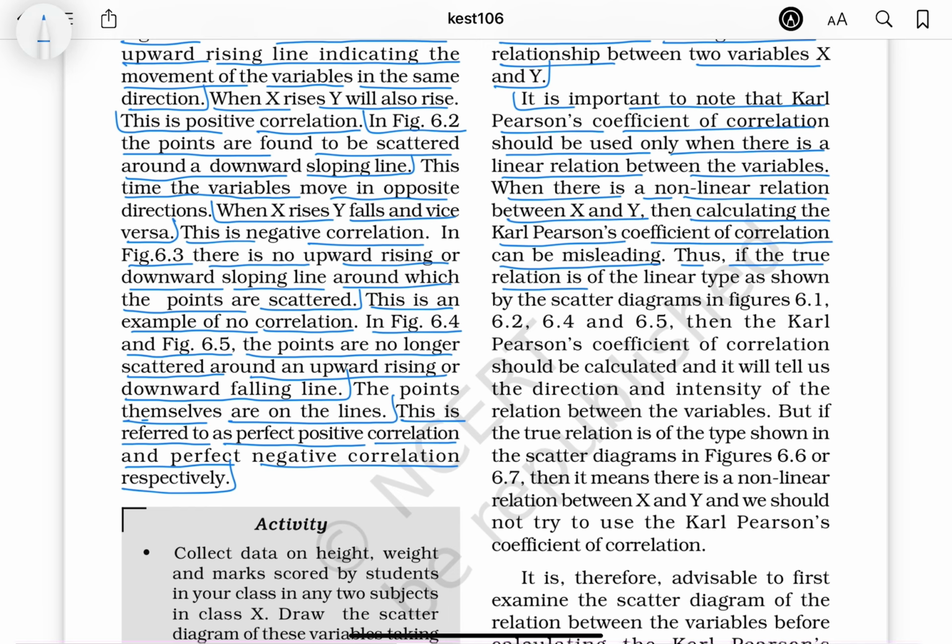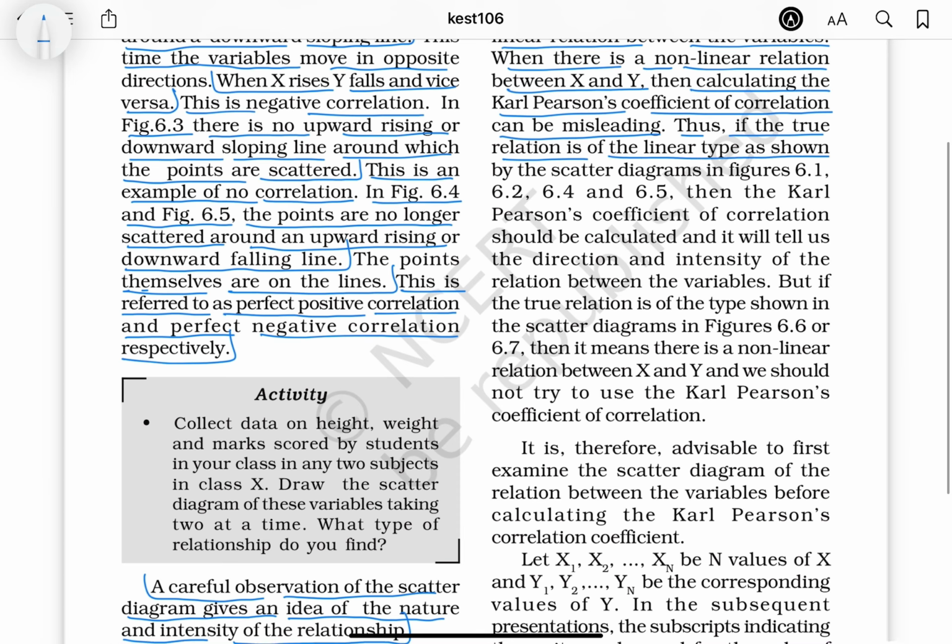Thus, if the true relation is of the linear type as shown by the scatter diagrams in 6.1, 6.2, 6.3, 6.5, then Karl Pearson's coefficient of correlation should be calculated and it will tell us the direction and intensity of the relation between the variables.